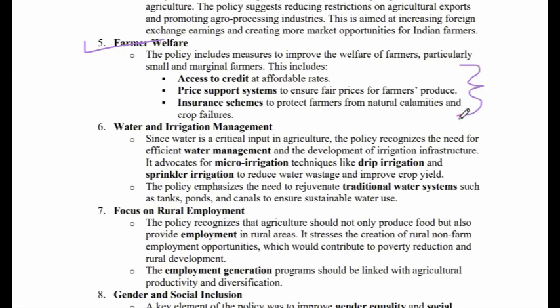There is a lack of implementation. That is the problem. Otherwise, all these schemes introduced by the government are very good, but on the ground level, how much of it is being actually implemented, that is what matters ultimately.